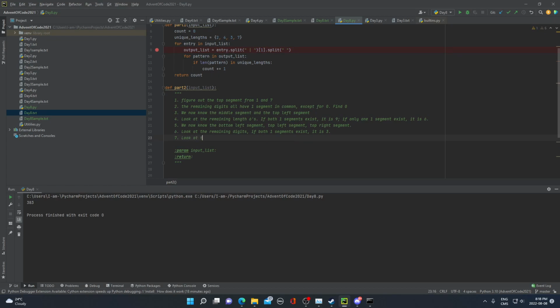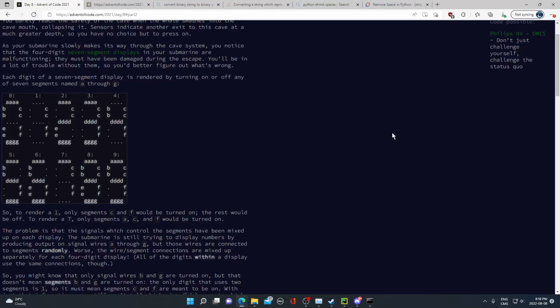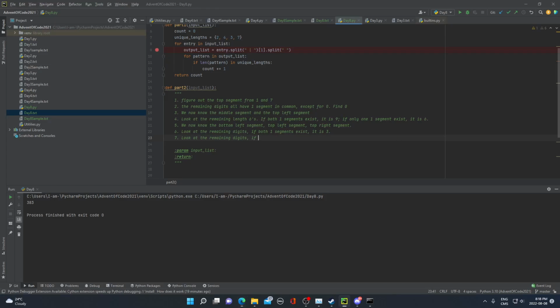Look at the remaining digits: if it can entirely fit in 6, it is 5. The remaining one is 2.